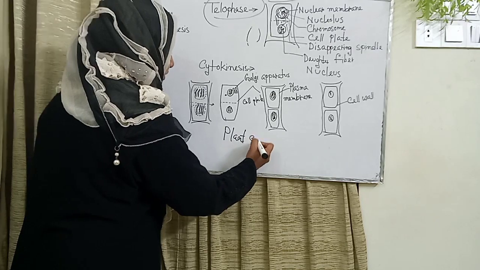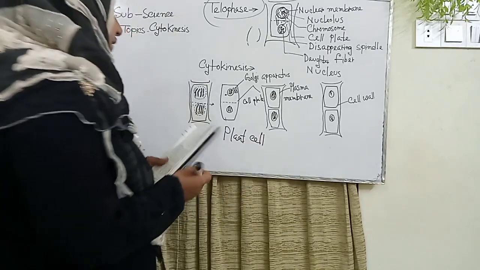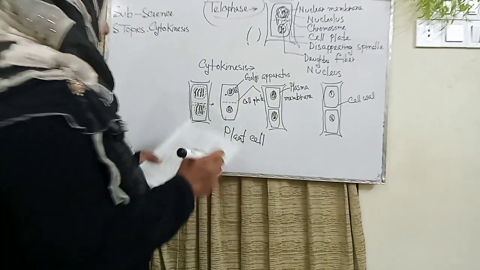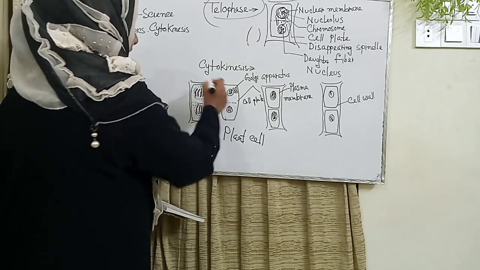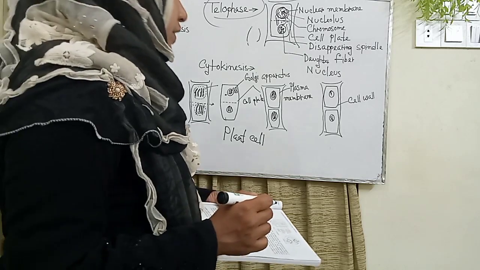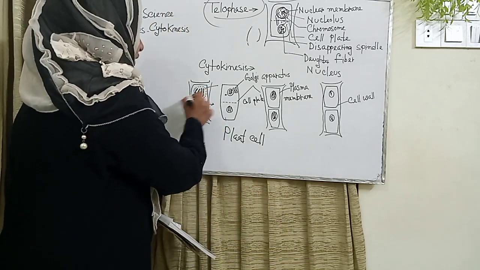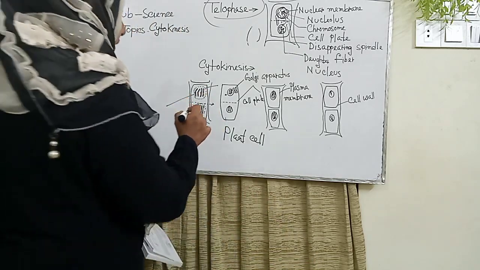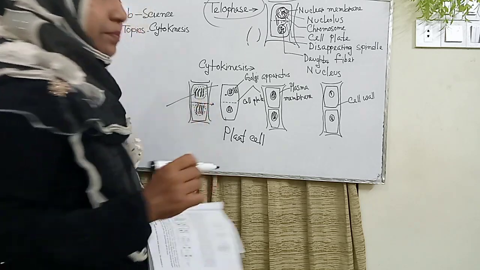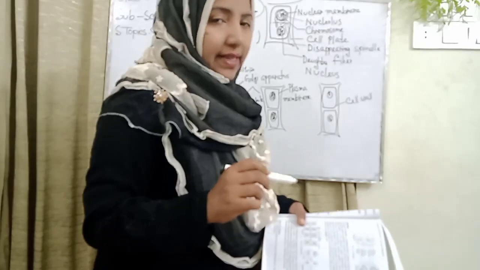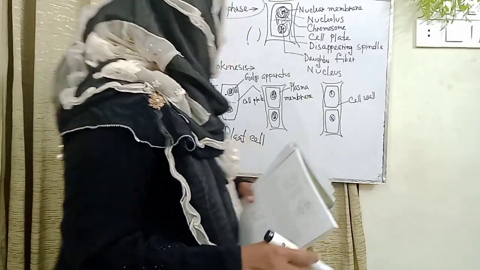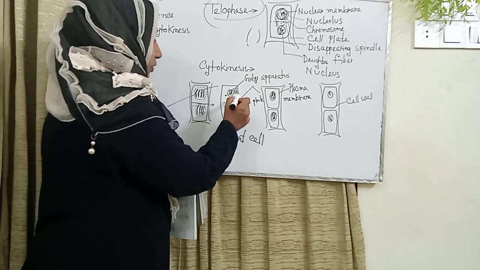I draw this category and this structure. Here I draw another category: this structure is the nuclear membrane, and this is the chromosome. Basically, this structure is the cell plate. When the cell plate appears, the cell is divided. Another very important structure is the Golgi body.